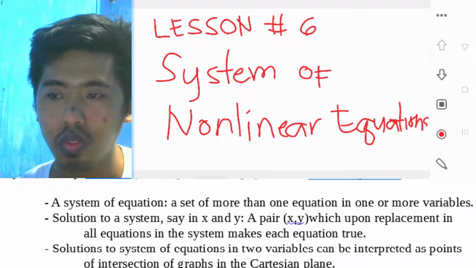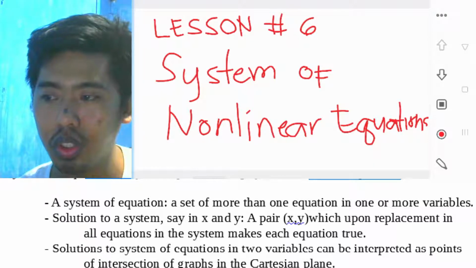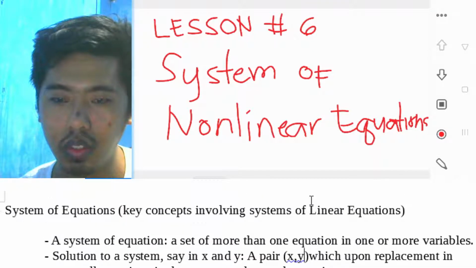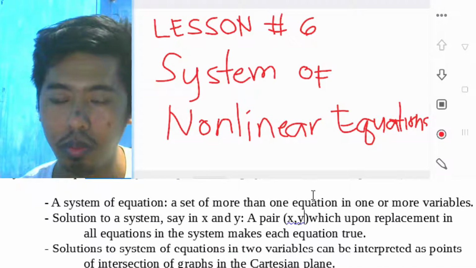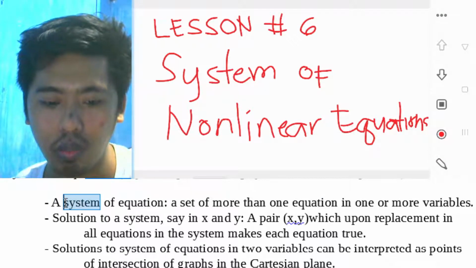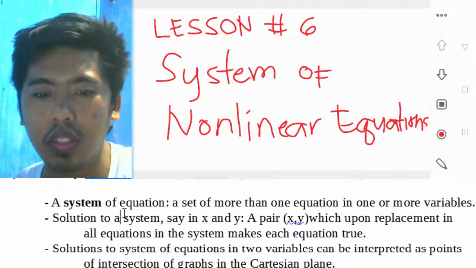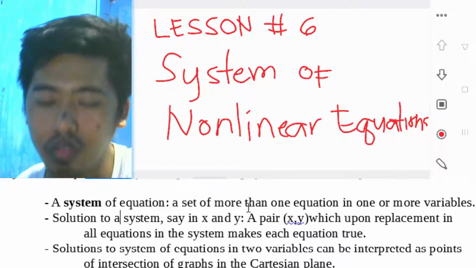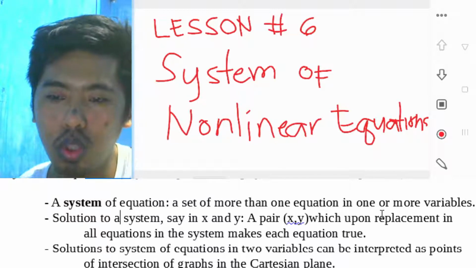So for the linear equations, guys, we have a lot of descriptions here, but let me read one by one. If we say system, a system of equation is a set of more than one equation in one or more variables.